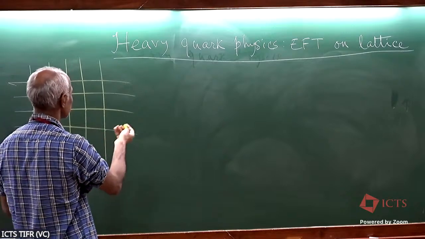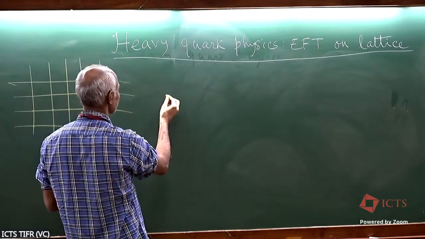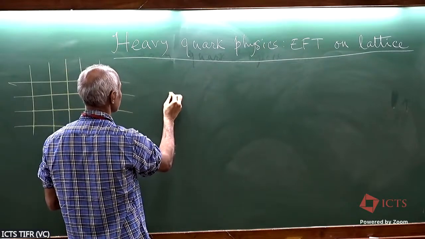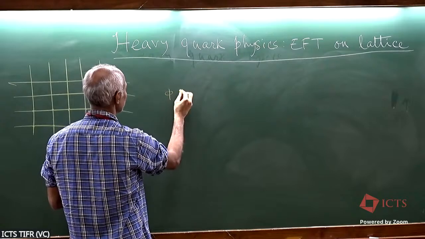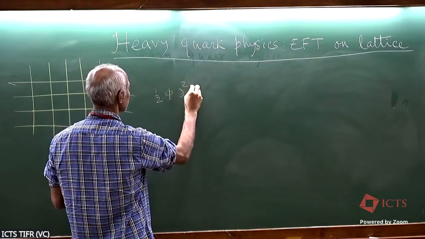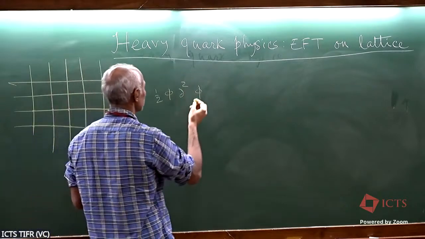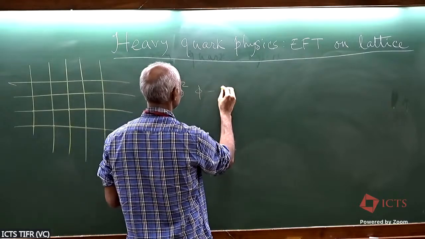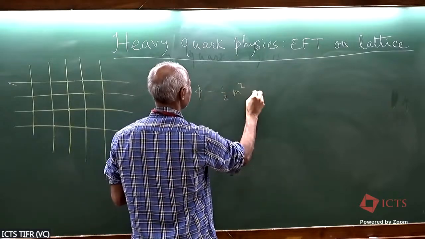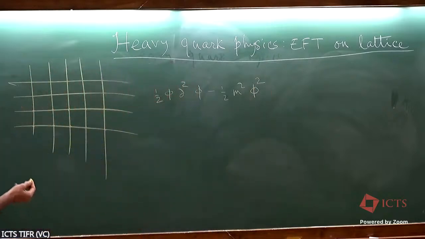let's say if you take the boson action, for example, so that's phi del 2 I. So I am doing this in Euclidean space, so time has been rotated to IT.